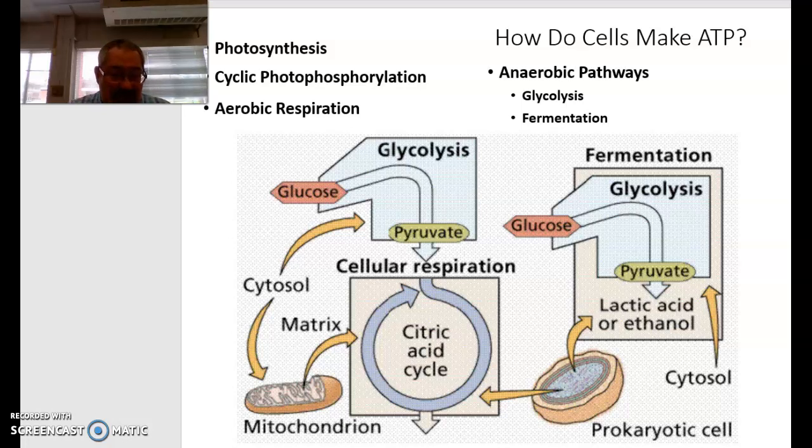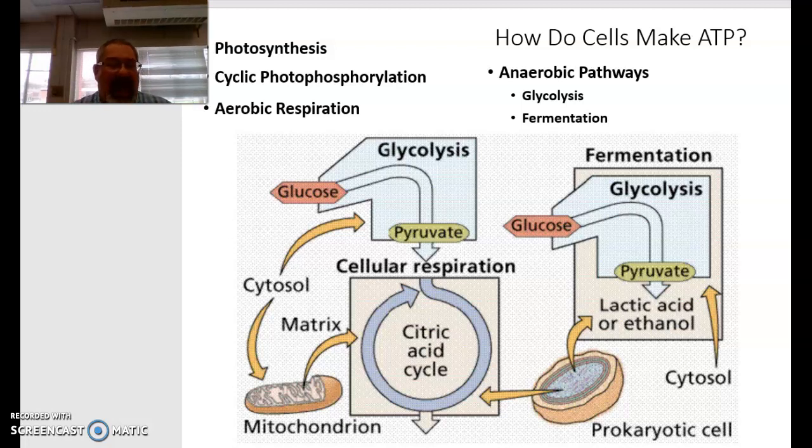When we move to chapter 8, we will talk of cyclic photophosphorylation that produces a small amount of ATP, again, in the absence of oxygen in anaerobic condition. And then we will talk about oxygenic photosynthesis that produces a fairly large supply of ATP in the presence of oxygen.